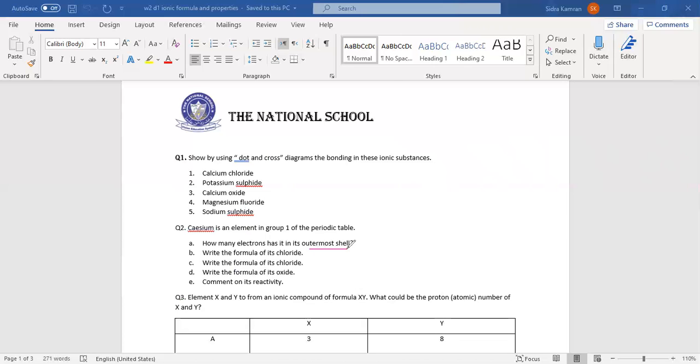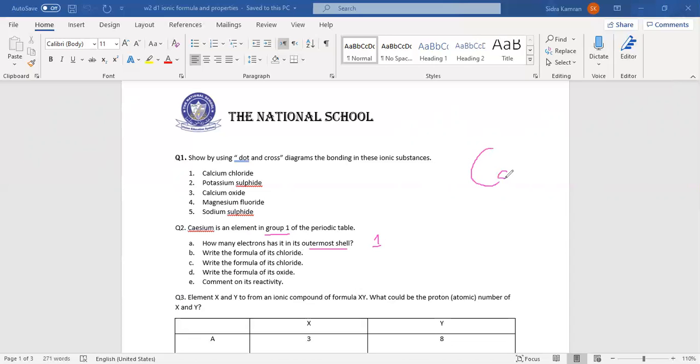As we know, the group number shows the number of electrons in the valence shell. So if it belongs to group number 1, it has 1 electron in its outermost shell. Write the formula of its chloride.